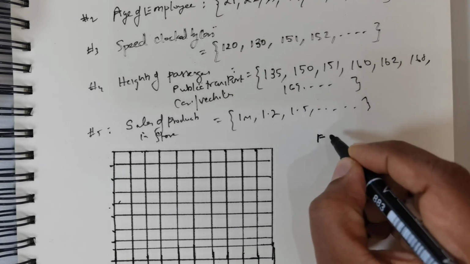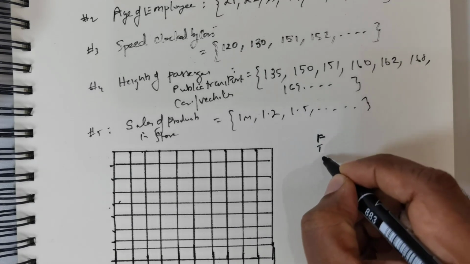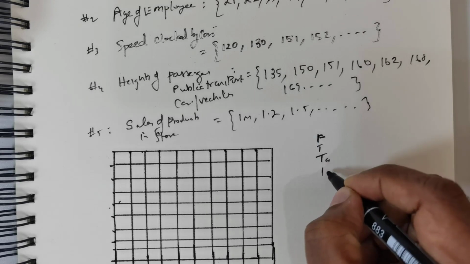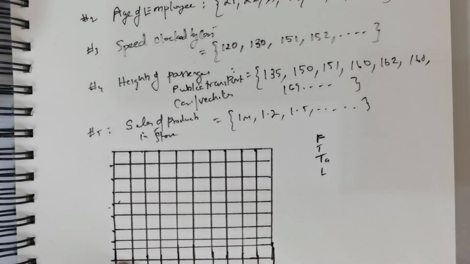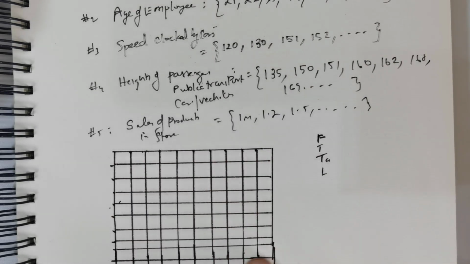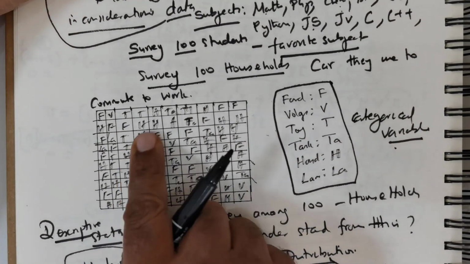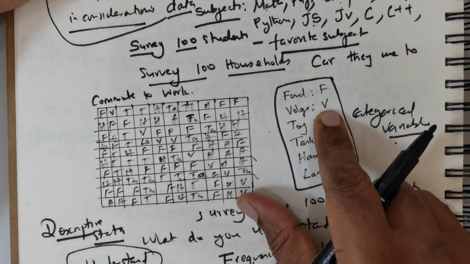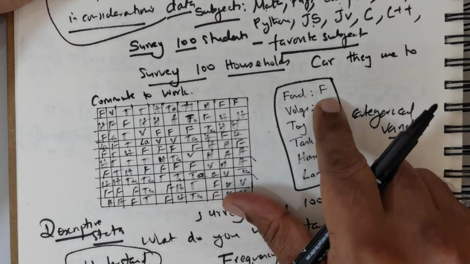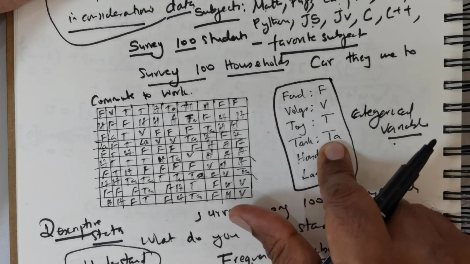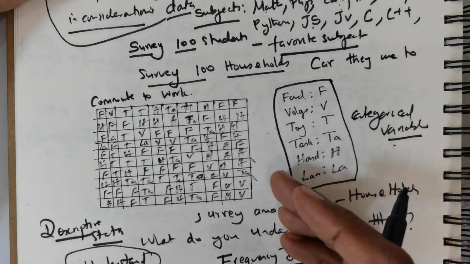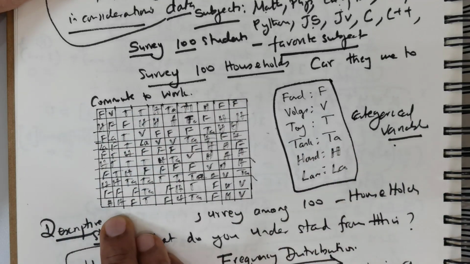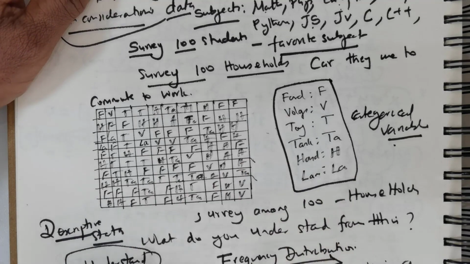People are owning Ford, people are owning Toyota, people are owning tanks, people are owning Lamborghinis and so on and so forth. And we distributed the data in terms of a panel like this. So let me show that panel. This was the panel I started off with. In this case, we made a study on a categorical variable with Ford, Volkswagen, Toyota, tank, Honda and Lamborghini. You have conducted the survey and the data has been presented like this. So this is for categorical.